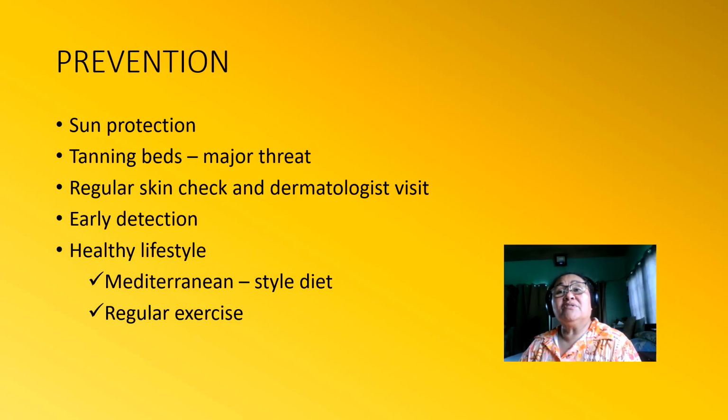So let's talk about the prevention of melanoma. Melanoma can often be prevented by reducing exposure to ultraviolet radiation, which is the leading cause of skin cancer. Practicing good sun safety and having regular skin examinations are the most effective ways to lower your risk.